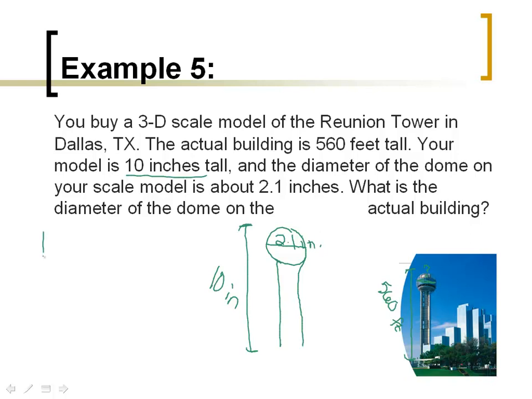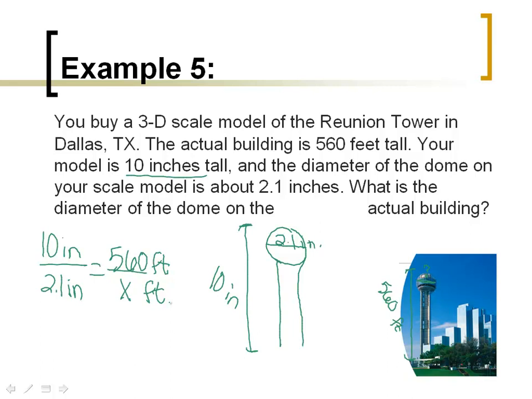So I'm going to use the height of my model over the diameter of my model. And I could have flipped that around and done diameter over height. But I did the height of my model first and put that on the top of my fraction. So I've got to put the height of the actual tower on the top of my fraction here. So I got 560 feet over, and I don't know the diameter of my actual model, but I know I'm going to have it in feet. So over x feet.